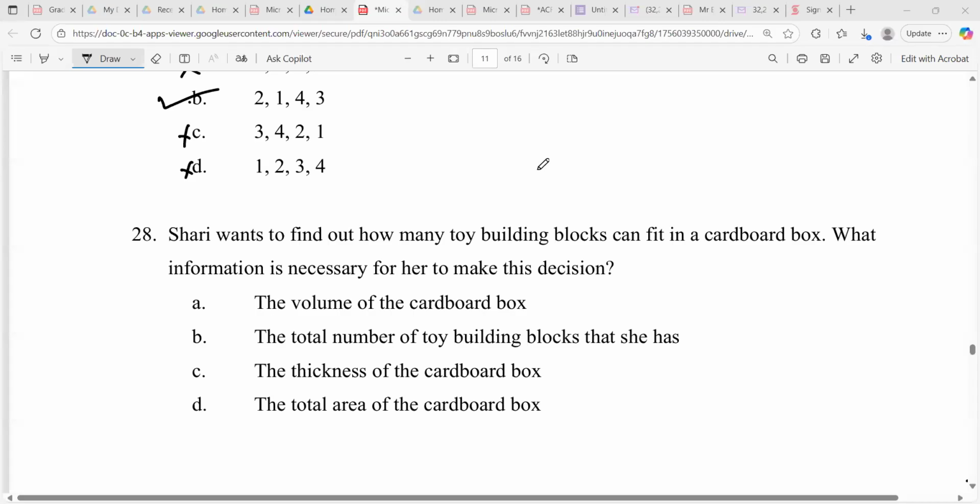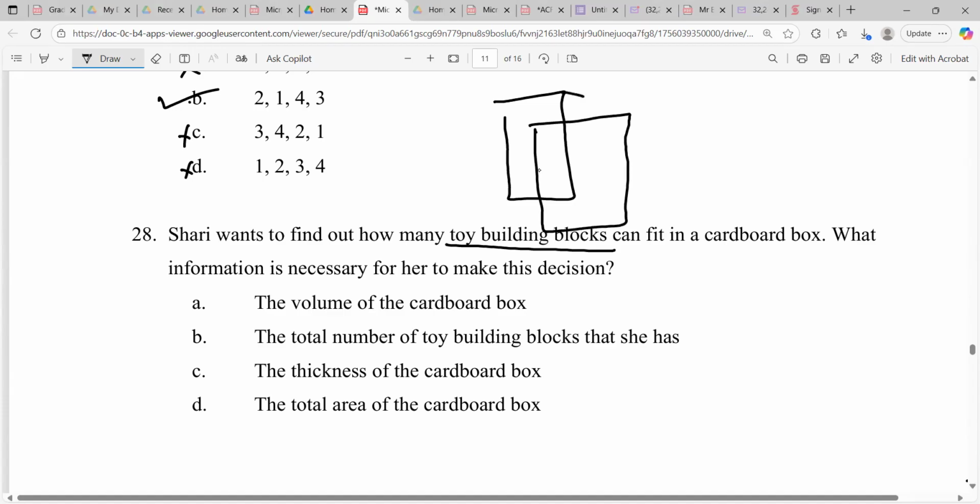All right, Shari wants to find out how many building blocks fit. So, guys, first of all, you have to know what a building block is. Normally they look like this. Different sizes, but the fact is they are 3D, right?